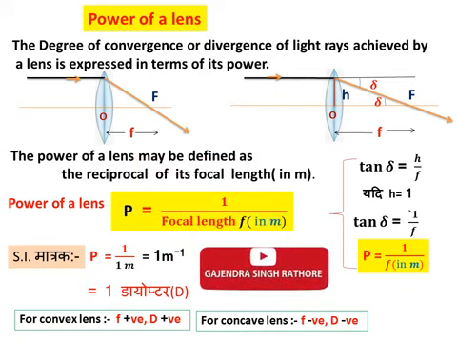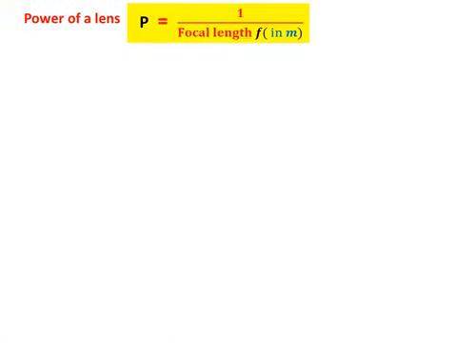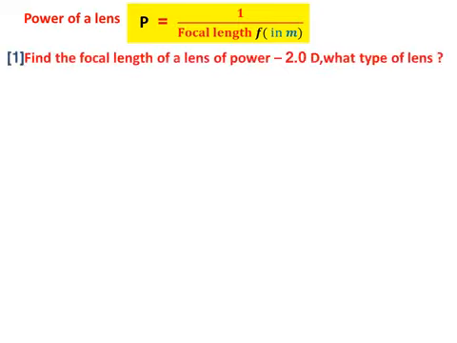Now we can take some examples. We know that power of lens P is equal to 1 upon f in meter. And whenever f is in centimeter, we can say P is equal to 100 upon f.